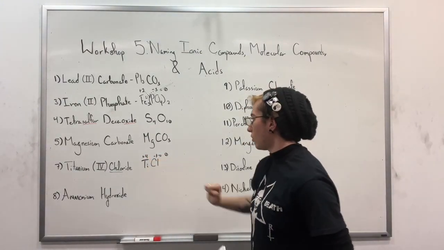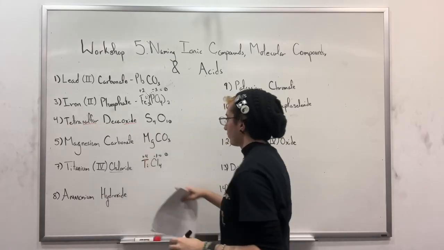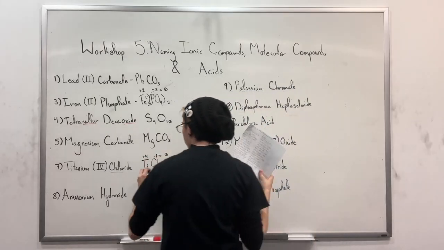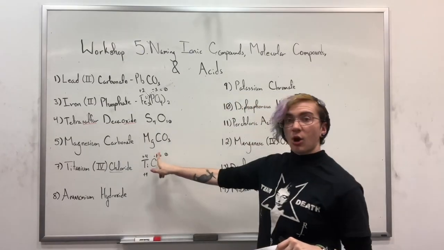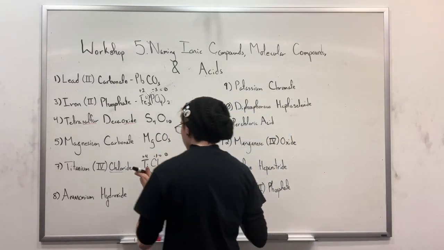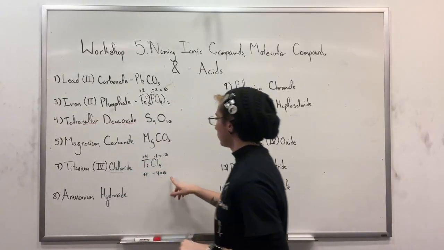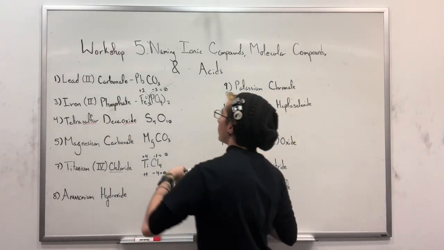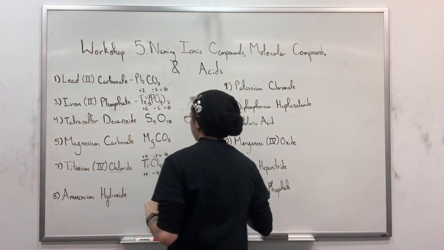Put the 4 on the chlorine and the 1 on the titanium. If we have 1 titanium, its +4 charge is just going to stay +4. If we have 4 chlorines and all of them are contributing -1, that is -4 overall, and that balances out to 0. Actually, let me put this back here as well, just to leave it in this one as well.